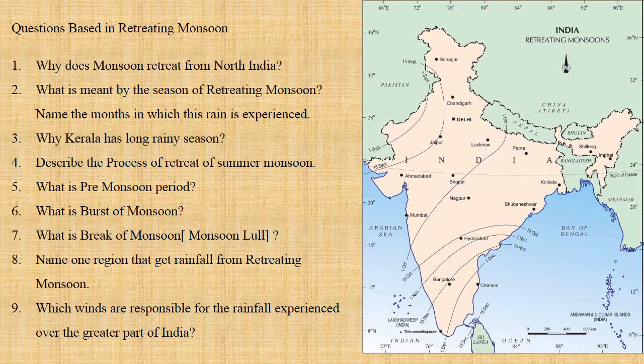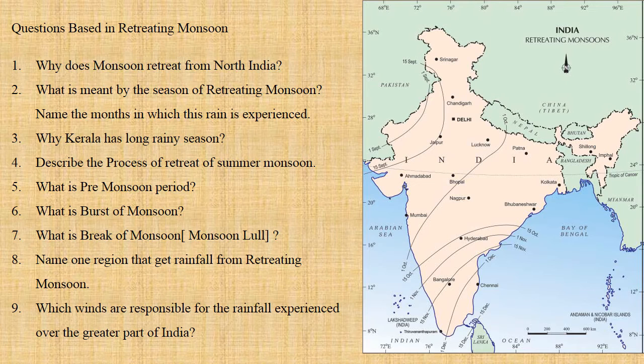The high pressure is developed in the northern part of our country first. So the withdrawal will be from the north part. Slowly the withdrawal will be from central India, then peninsular India, and then the southern tip of India as seen in the map. You have to look at the lines with the dates. You will understand with the help of that.